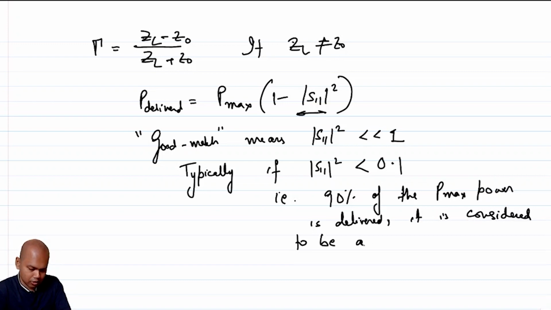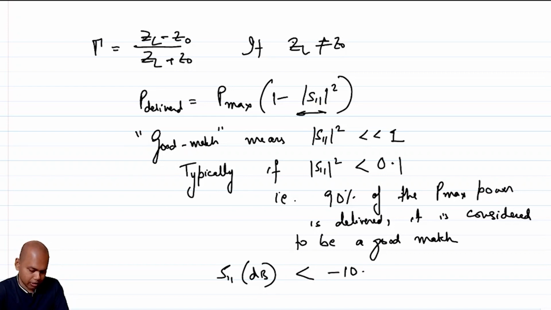Now note that this is quite heuristic, right? People had to come up with some value. You can choose 95%, you can choose 99%. People came up with 90%. So it is what it is, right? So if we stick to this definition, then in terms of dB, S11 should be less than what? We just basically take 10 log, and it should be less than minus 10 dB.